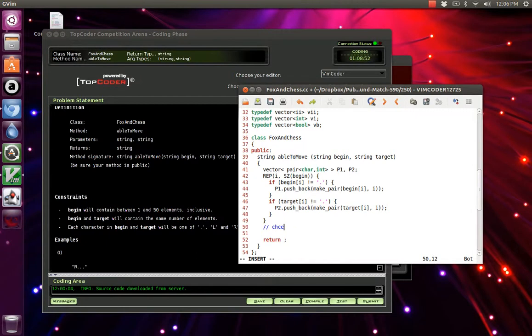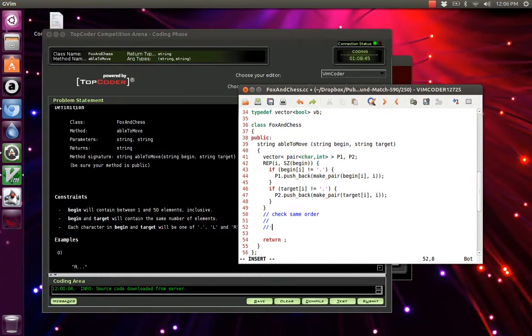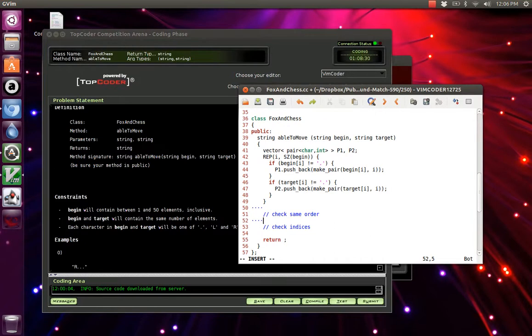If begin at i is non-empty, if it has either an R or an L, I push it to this P1 vector, and I push the character and the index. Okay, I do the same for target.